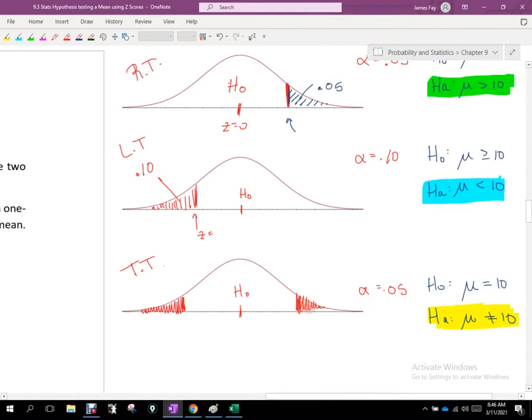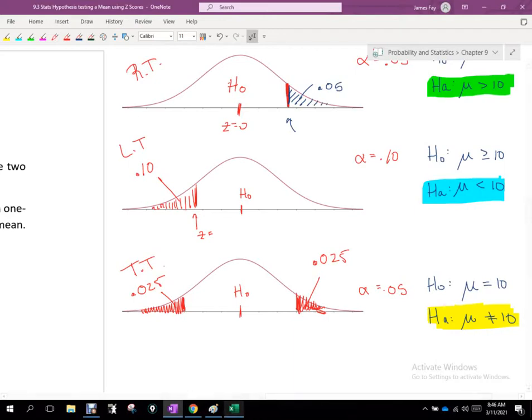Because of the normal distribution, they are symmetric. So that area is going to be 0.025, and that area is 0.025 as well. Alpha over 2, remember that?